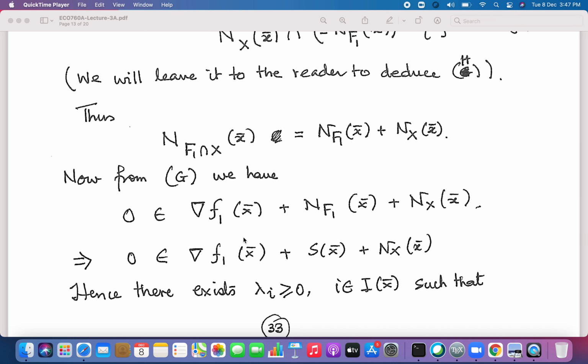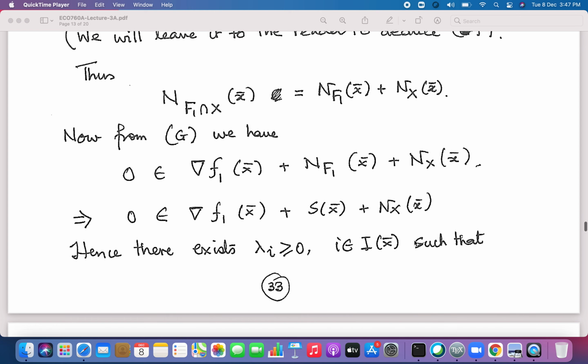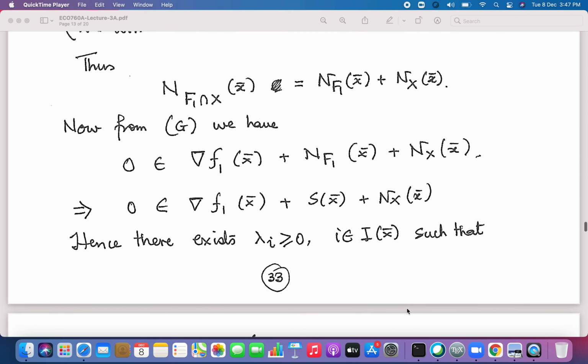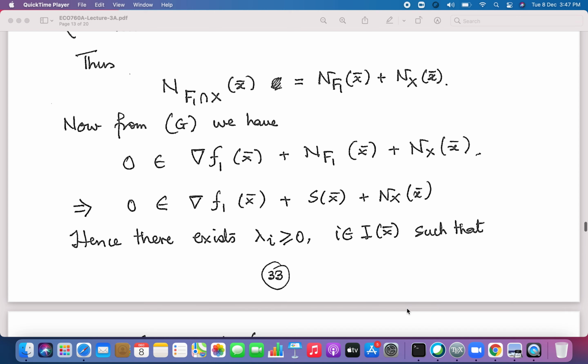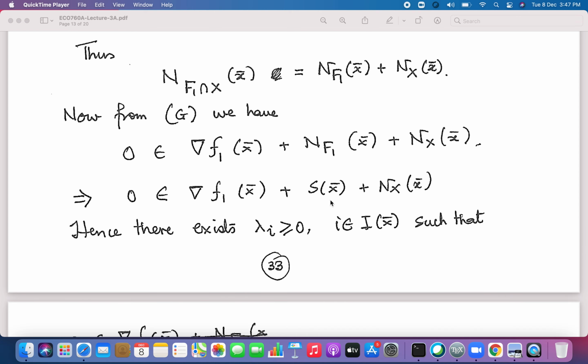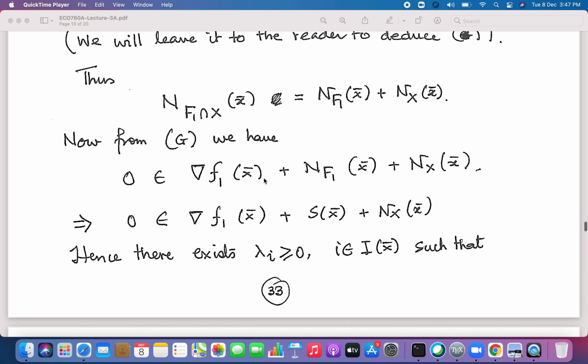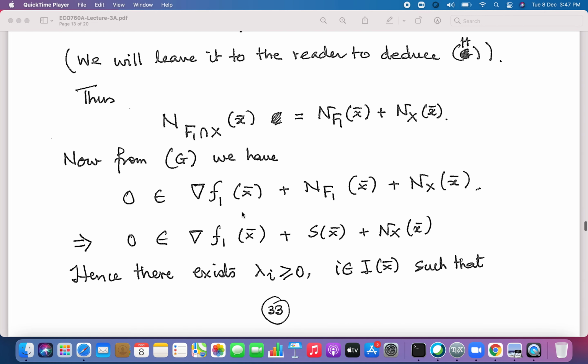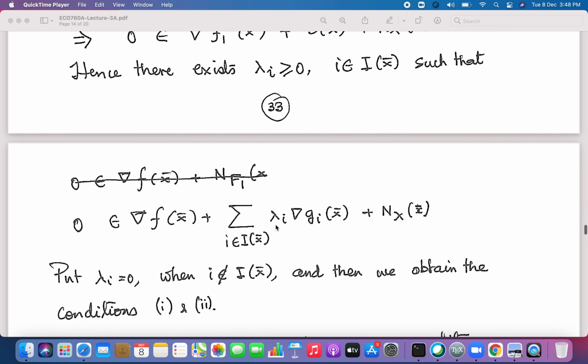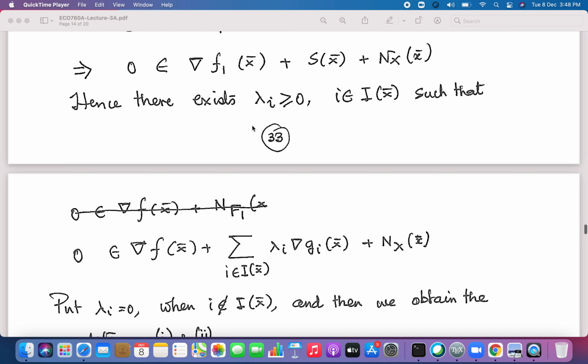These are all additions of sets. These are singleton sets and these are not singleton sets. Because I do not know a specific structure of X, I keep quiet with it. But because I know the specific structure of S(x bar), I know that there must be some element of S(x bar) such that added with the gradient of f, sorry, it's the gradient of f, not f1, that gives me the result.